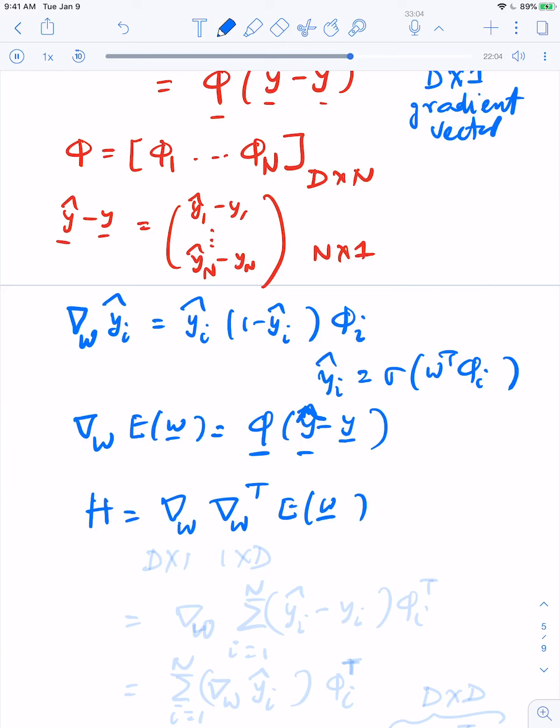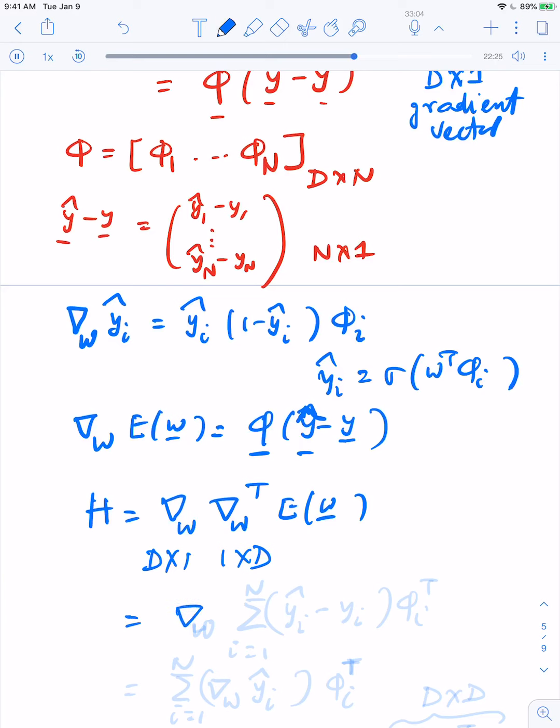So the gradient gives you a d cross 1 thing, and gradient transpose is a 1 cross d, and so that's how it works out, right?